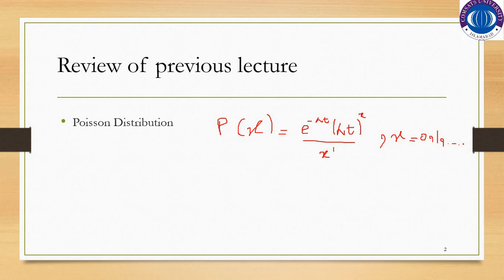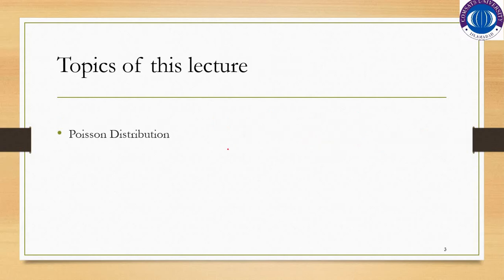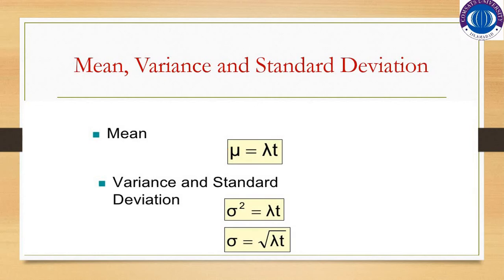So all these are the events which are in a particular or fixed time span, and this is basically the distribution for the rare event. We will continue with this topic, Poisson distribution, mean and variance and standard deviation of Poisson distribution.